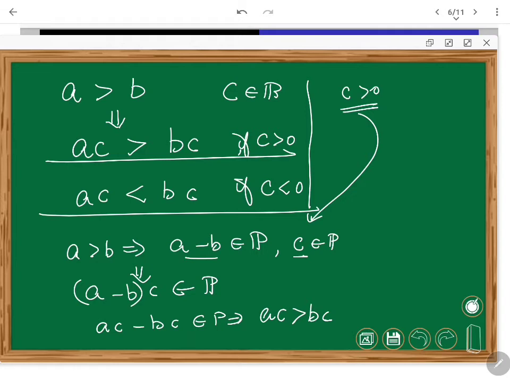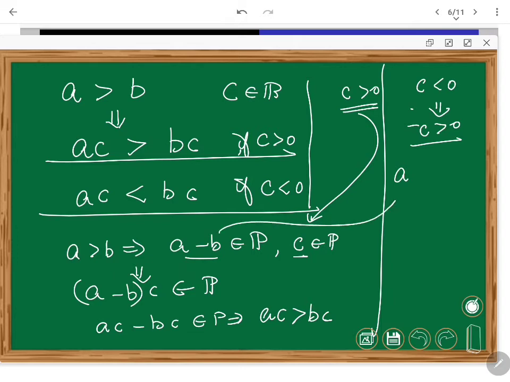Now, how do you look at the other side? If C is less than 0, then obviously minus C should be greater than 0. So you can work with that. In that case we already have A minus B is in P, so use that. A minus B is a positive element, minus C is also a positive element. Multiply them, and that should be a positive element. But this says minus AC plus BC.